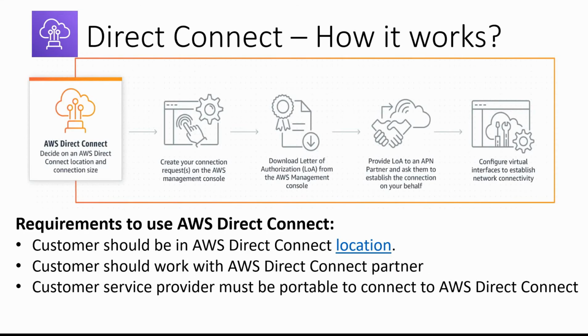I think we also saw how Direct Connect works. In AWS, you decide on the Direct Connect location and the connection size. We saw that not all locations have this option because we are relying on a third-party vendor to provide this. For example, in Chennai, there's only one vendor who supports this.